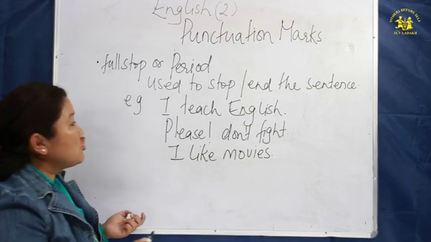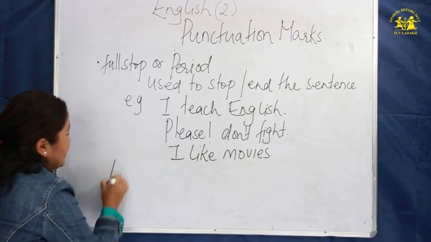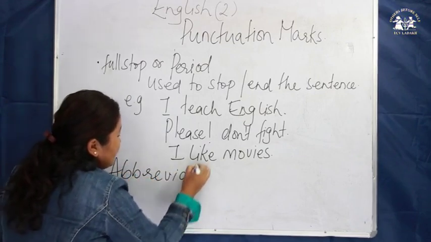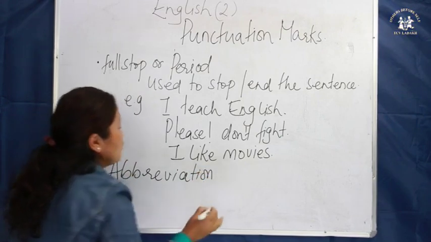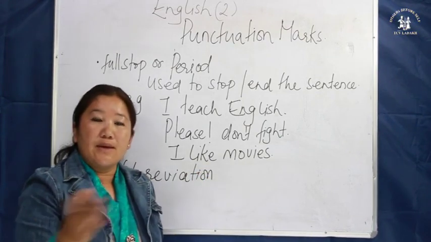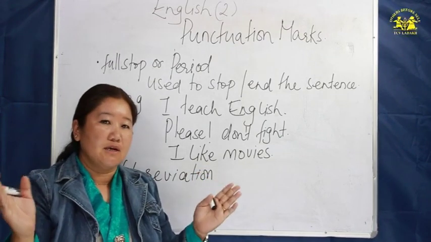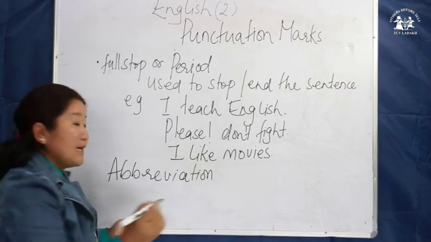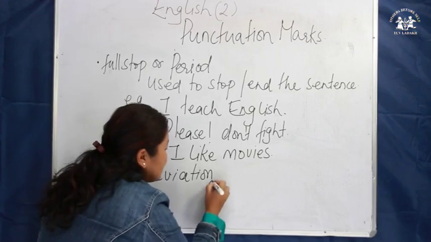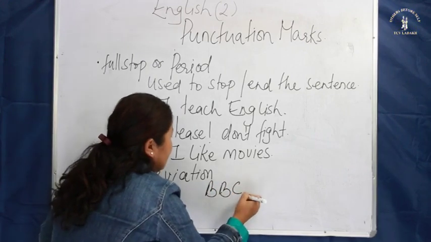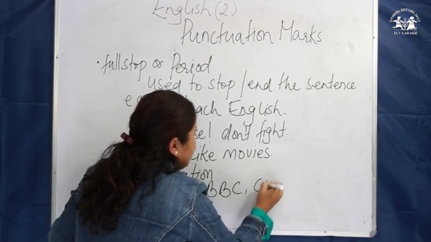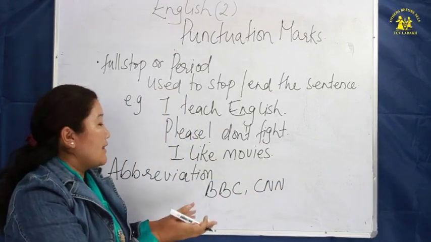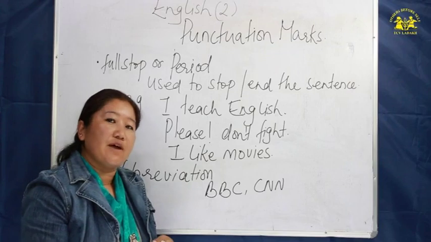Okay, and then the full stop is also used in abbreviations. Many of you know what an abbreviation is. Abbreviation means when you make a word shorter. Over here, examples like BBC and CNN are abbreviations of words. And abbreviations themselves have some types.